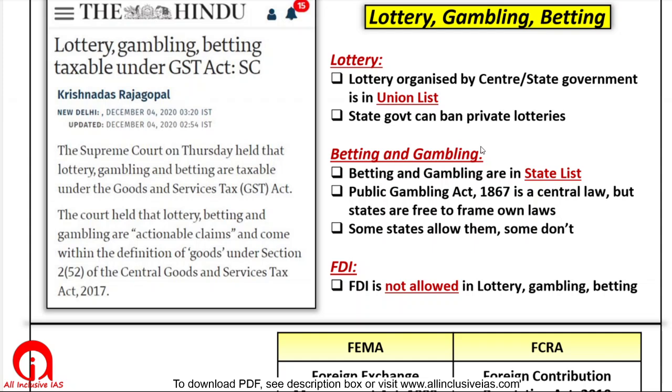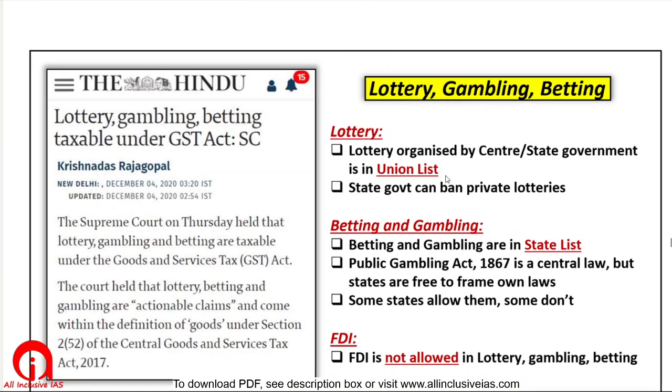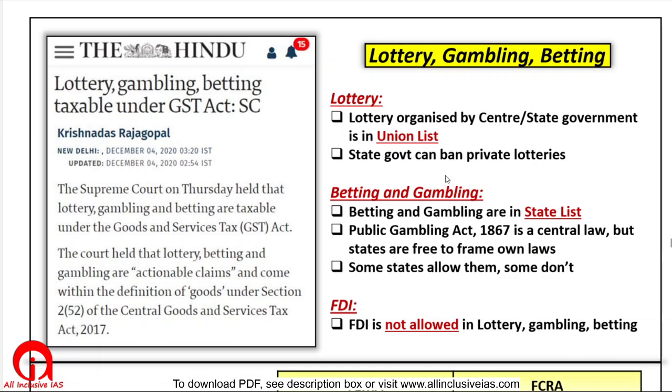Lottery, gambling, betting. See, for lottery for prelims, just remember few facts. When the central government or the state government organizes lottery, then that thing is included in the union list. That is written in the union list, right? However, some private company can also organize a lottery, है ना?